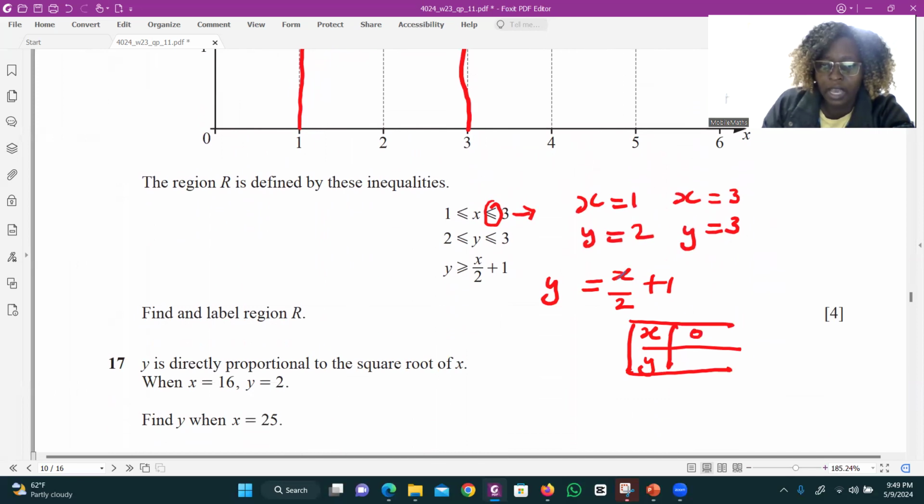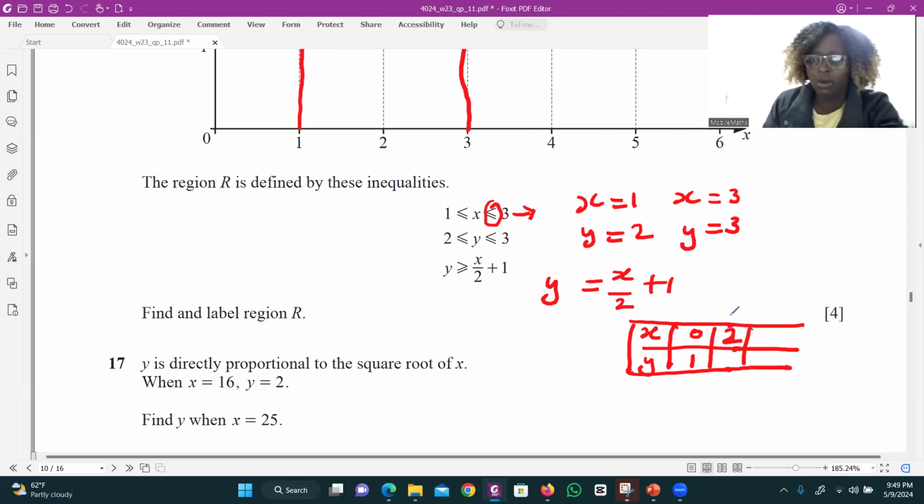X is 0 here, I have y is 1. Okay, what about when x is 1? What is my y value? Let me use 2, and it's tricky. I don't want fractions. 2 over 2, that gives me y is 2. Then when x is 4, last one, but 2 points, you can draw a straight line.